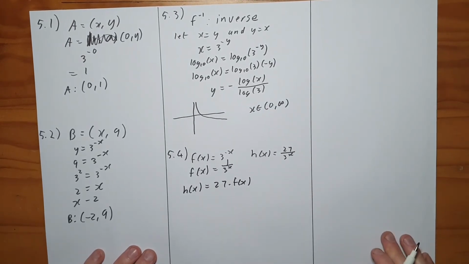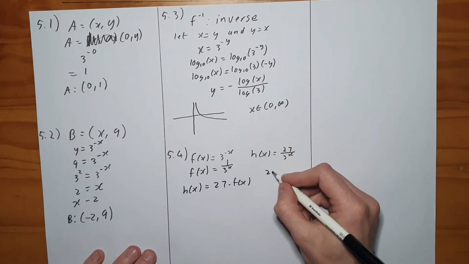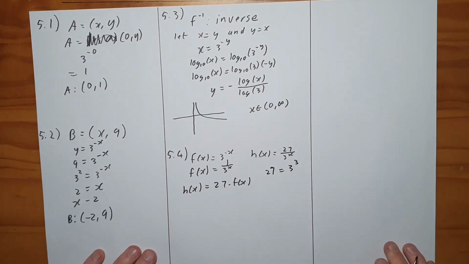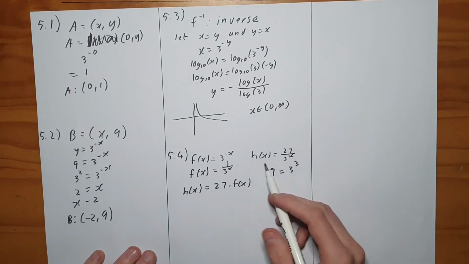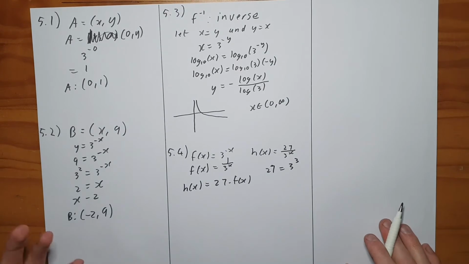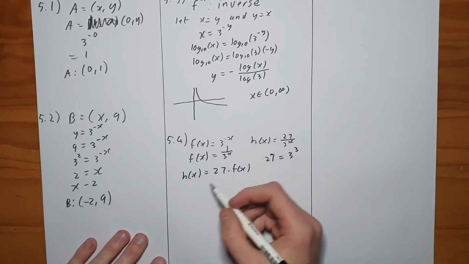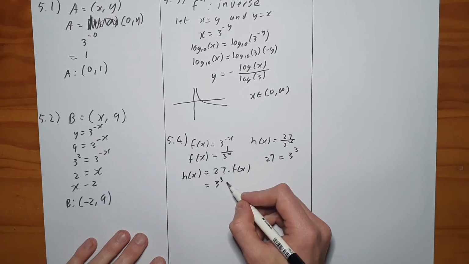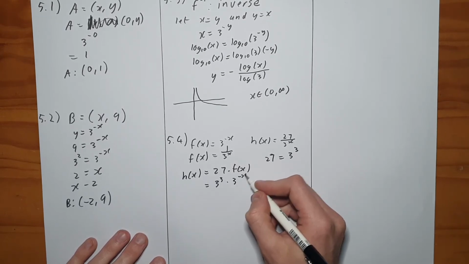But remember, 27 can be written as 3 to the power of 3. Now we want h to look like f of x so we can describe the transformation. So this is going to be equal to 3 to the power of 3 times 3 to the negative x.